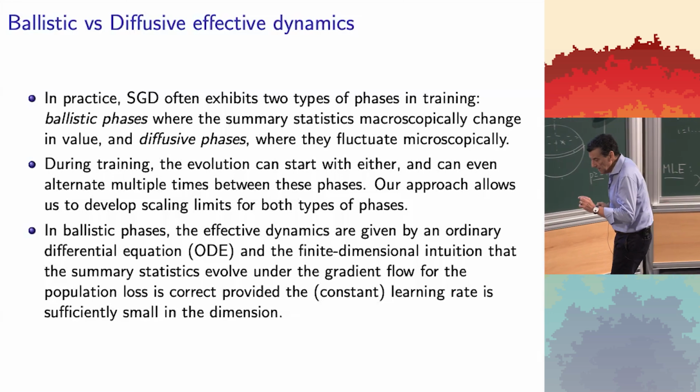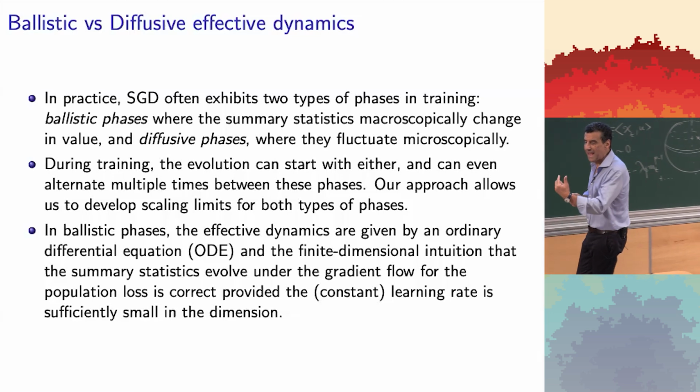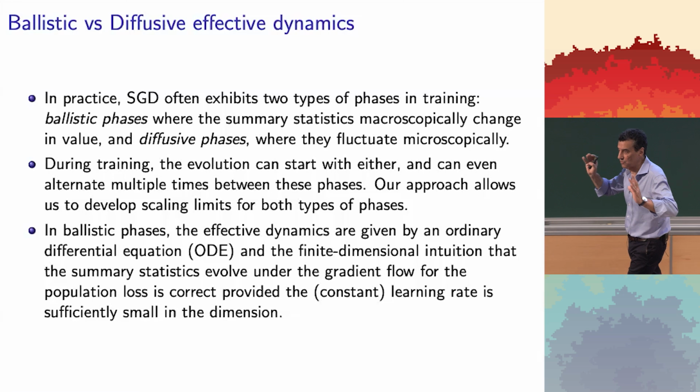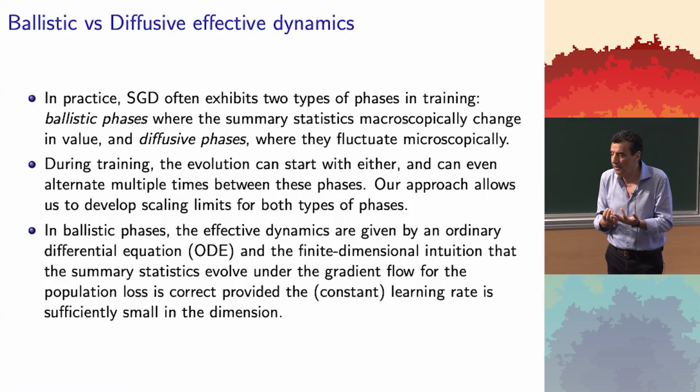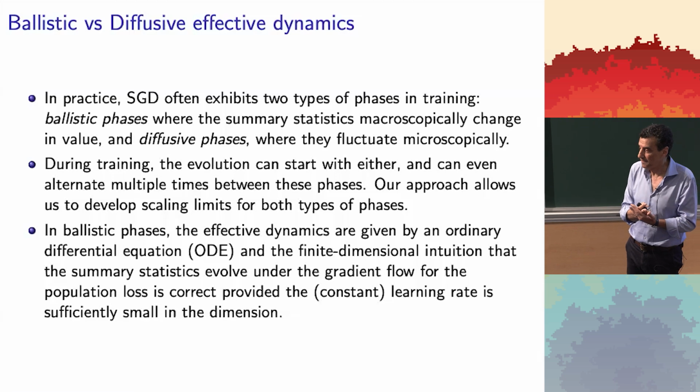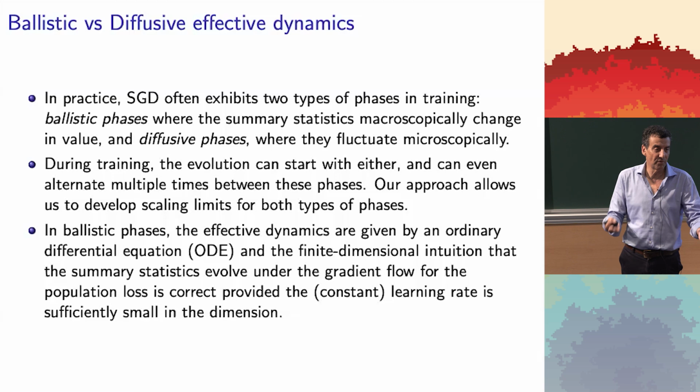So if you do small enough steps, it is as if your dimension was not diverging. The theorem proved by Robbins and Monro in 51 is essentially still valid. Okay? Your system is like the gradient flow of the population loss.